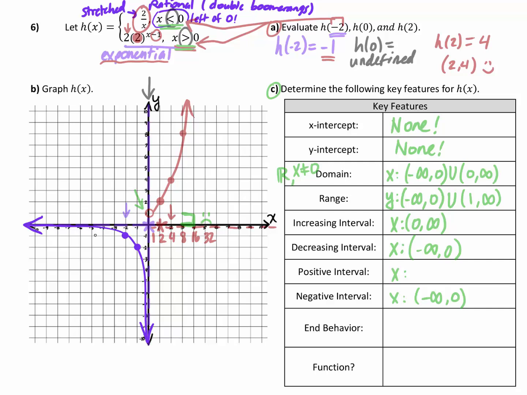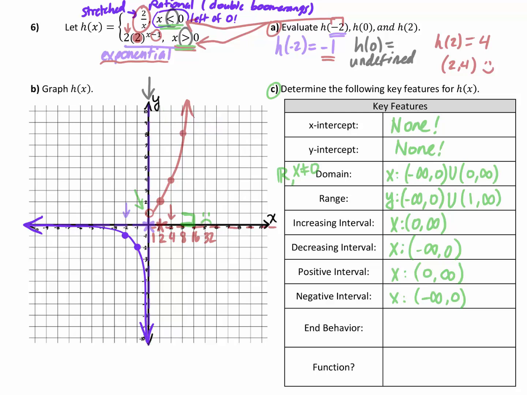Then, after my first portion of the picture, 0 switches over to the exponential shape. 0 here is positive, but because it's an open circle, I have to include a parenthesis. If this had been colored in, so that green dot that's there, I would put from 0 to infinity. But because we are restricted from using 0 itself, and it's an open circle, 0 cannot be stood upon, so it needs to have a parenthesis, and then it goes forever. Okay, the rest of this shape will always be positive in heights.